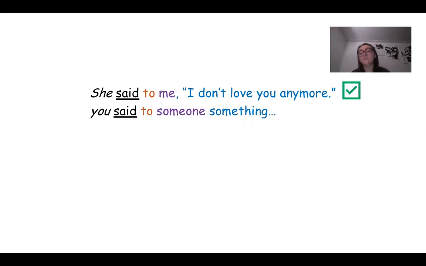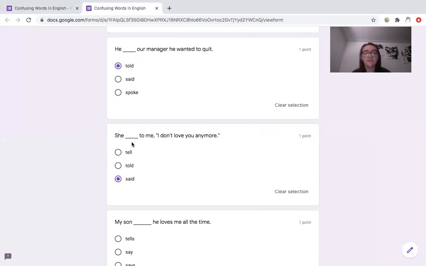She said to me, I don't love you anymore. Because the sentence says she to me, because it says to me, you can't use told, because told already, you don't need to say told to me. It would just say she told me, right?